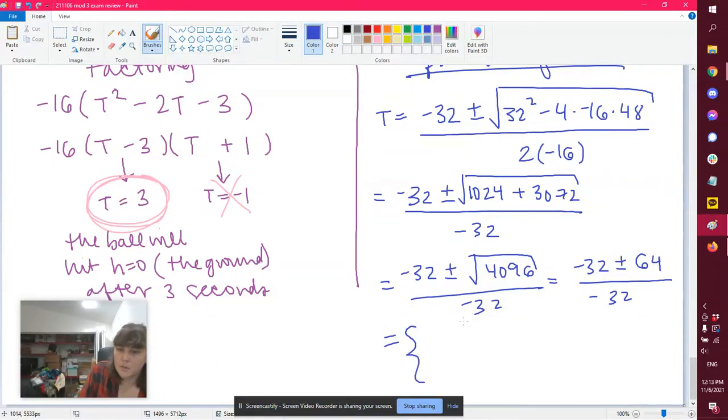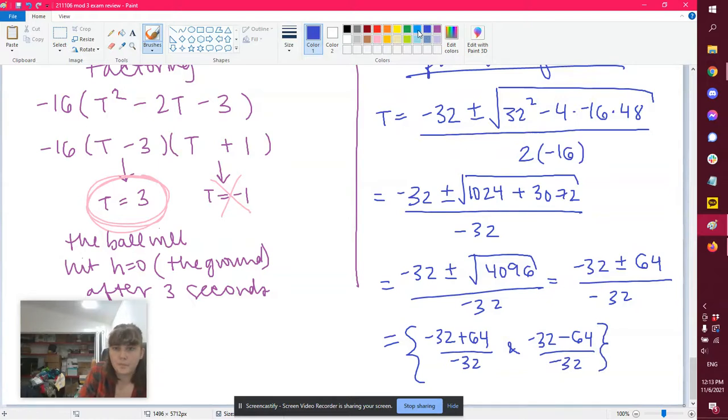Now, my two answers are negative 32 plus 64 divided by negative 32, as well as negative 32 minus 64 over negative 32. This one ends up giving us positive 32 over negative 32, which gives us negative 1.